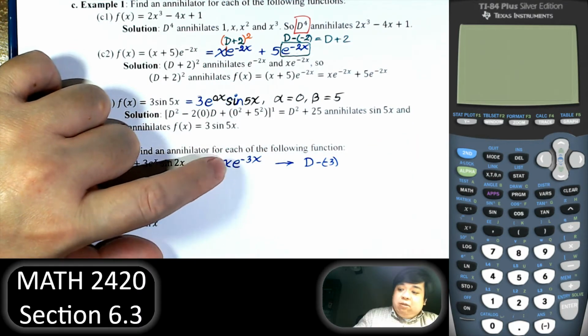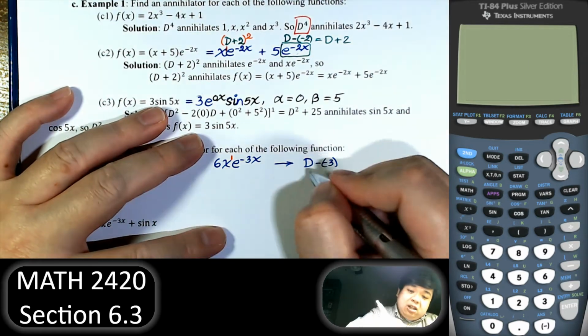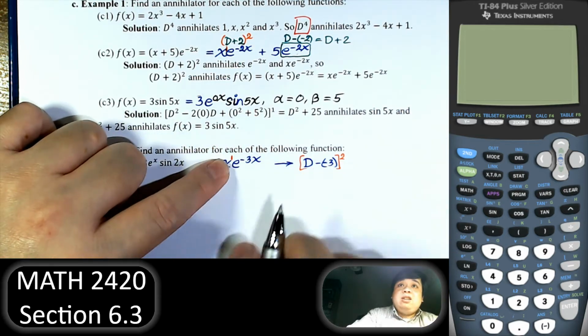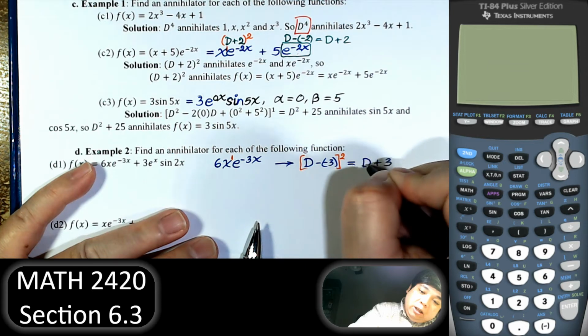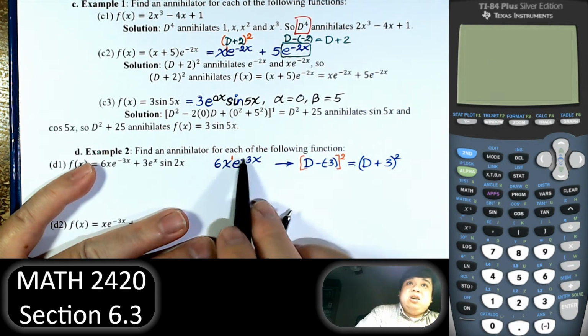In front of that, we have the power of x to the first power. So to annihilate that, we need the power to be 1 more than that. So the annihilator is (d+3)². So this is the annihilator of this term.